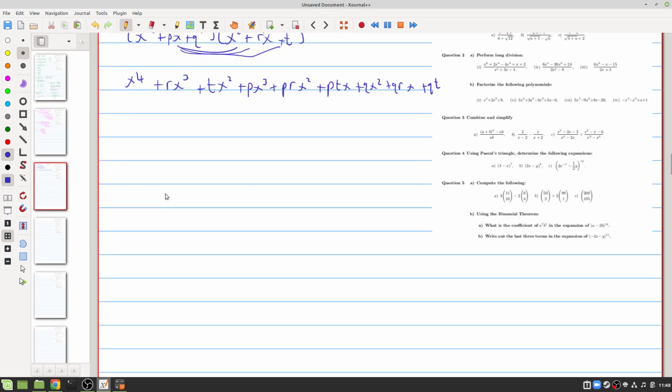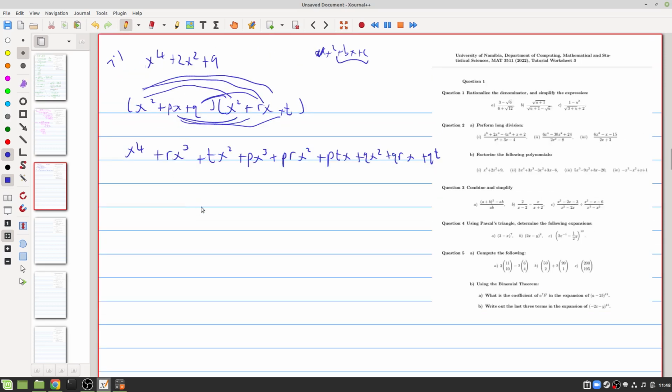Okay, let's collect our like terms. So x to the power 4 is just that. Then the x cubed, we've got this one and this one, so r plus p x cubed. Then for the x squared, we've got this one and this one, and this one. Is that right? Let me just make sure I didn't do anything silly here.